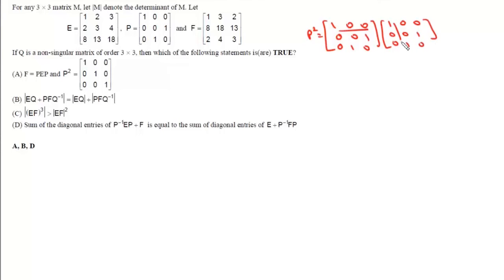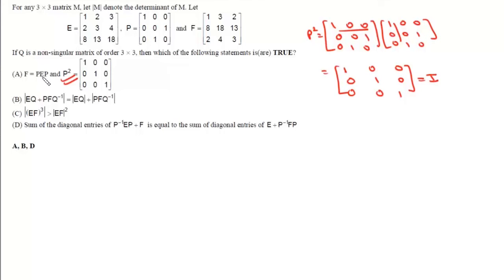Now if we multiply them, we'll get 1 0 0, 0 1 0, and 0 0 1, which means the value of P square is I. So P square equals identity matrix, it is correct.